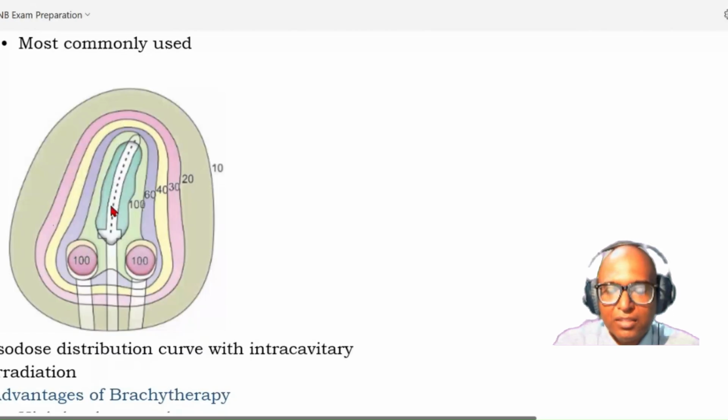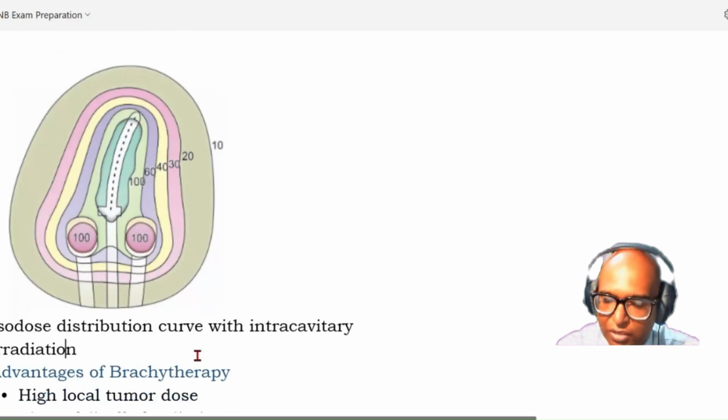Okay. And as you go away from the source, there is a drastic reduction in the dose of the radiation. That is the inverse square law. Okay. So this is the pear-shaped curve because the radiation source is multiple in nature. If it would have been a single source, then it would have been circular. But here you get a pear-shaped isodose distribution curve.